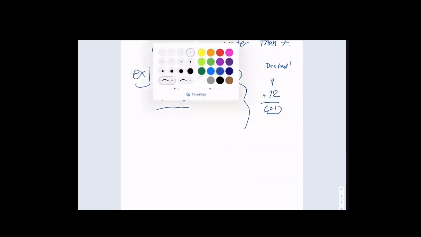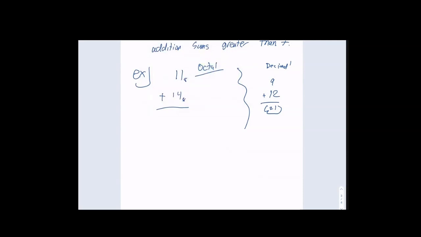But the nice thing about this problem is that when we add these numbers, we're not going to get anything greater than 7 for any placement values. So for example, what's 1 plus 4? 5. 5 is a digit in octal, so we just keep the 5. There's nothing special.